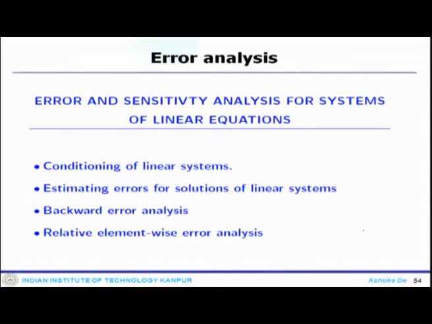Now, we can move ahead with our discussion on error and sensitivity analysis for the linear system. Upon discussing all these properties, norm, precision or rather rounding error, where it comes from, and the machine level precision, we look at the sensitivity analysis and error analysis.